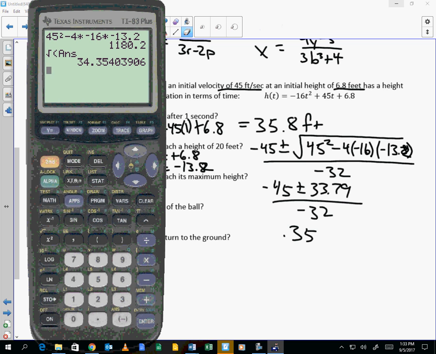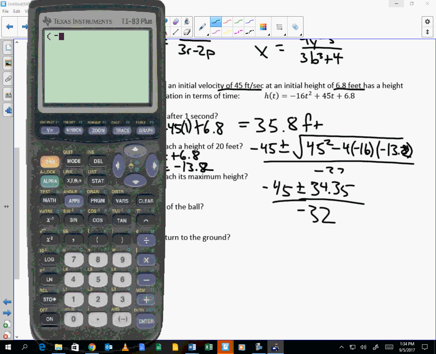That looks closer to what I had earlier today. Nobody caught my mistake. Are you guys sleeping? All right, we'll try again. Negative 45 plus 34.35, divided by negative 32, and I get 0.33.